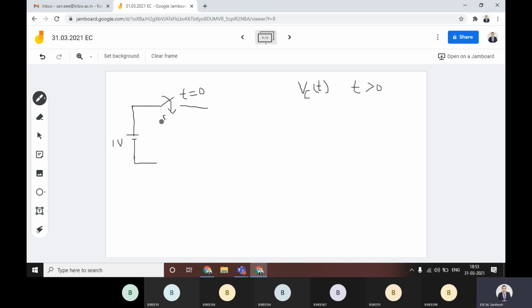Then a 2 ohm resistor is connected, then another 2 ohm resistor, and a 1 ohm resistor, and you have a capacitor here.